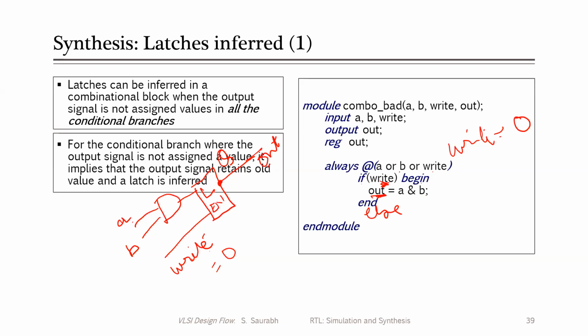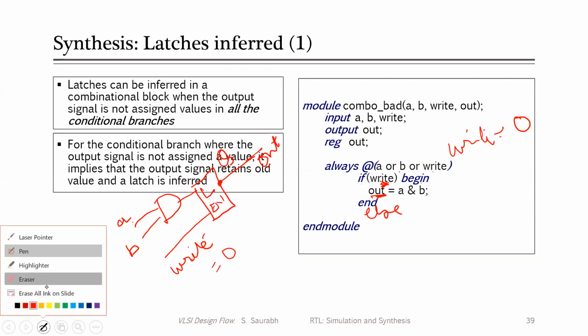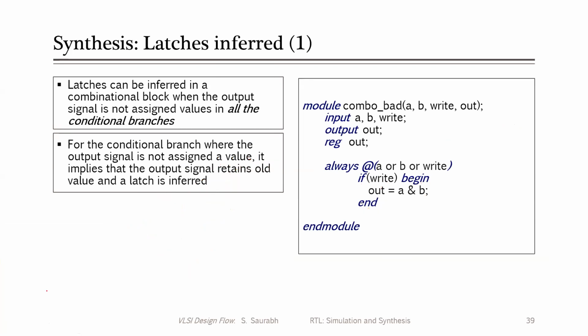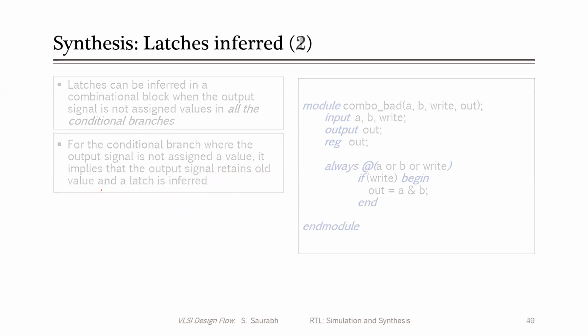For the conditional branch where the output signal is not assigned a value, it implies that the output signal retains its old value and a latch is inferred.